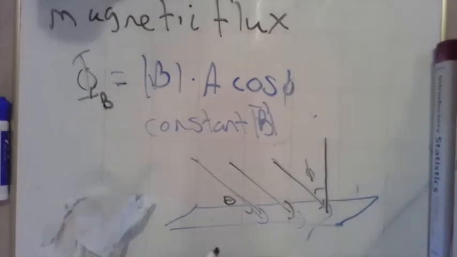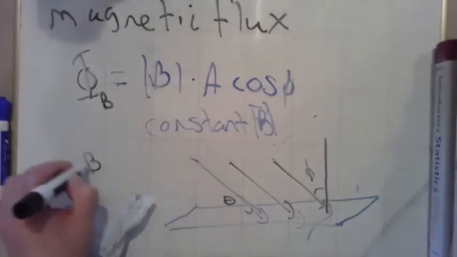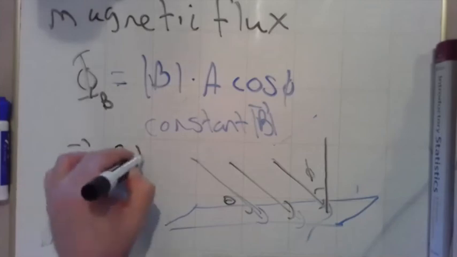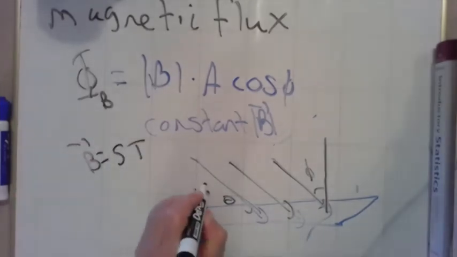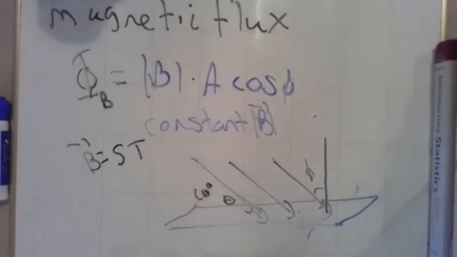So let's make up some numbers here. Let's say my B is a huge magnetic field, 5 Tesla, and say this is a 20-degree angle here. And let's say our rectangle is 3 meters by 2 meters.